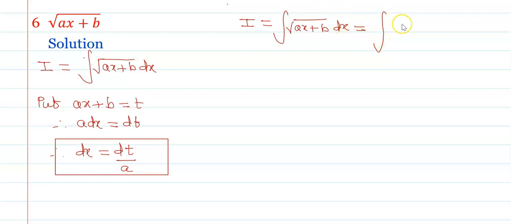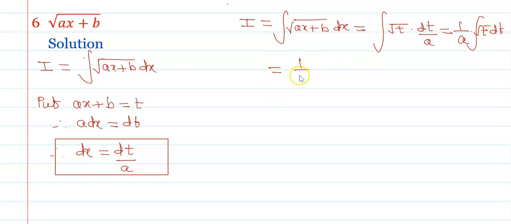The value of dx is dt upon a, and ax plus b is t, and therefore root t into dt upon a, which equals 1 upon a into integral of root t dt.